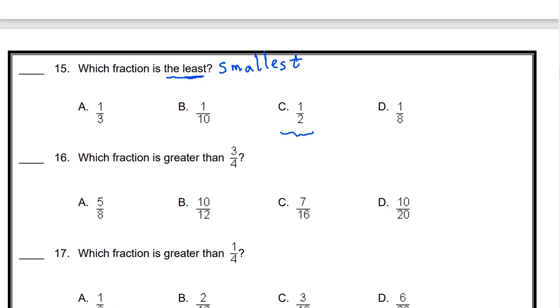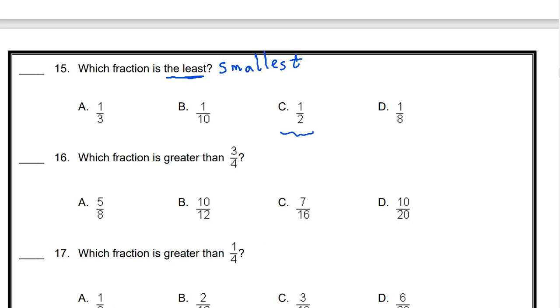Because 2 is smaller than 3, 10, and 8? Okay, my hero, you said that 2 is small. 1/2 is the smallest fraction because the denominator is the smallest denominator.